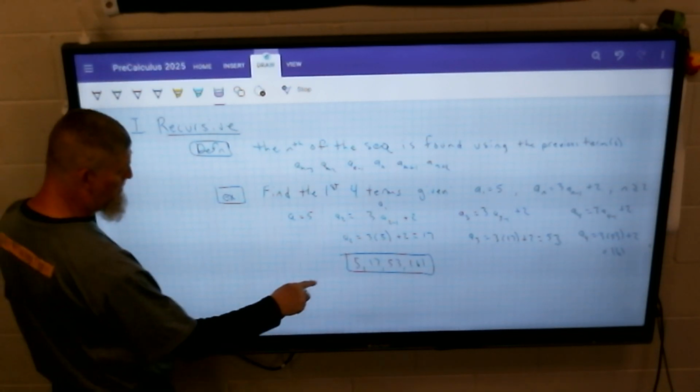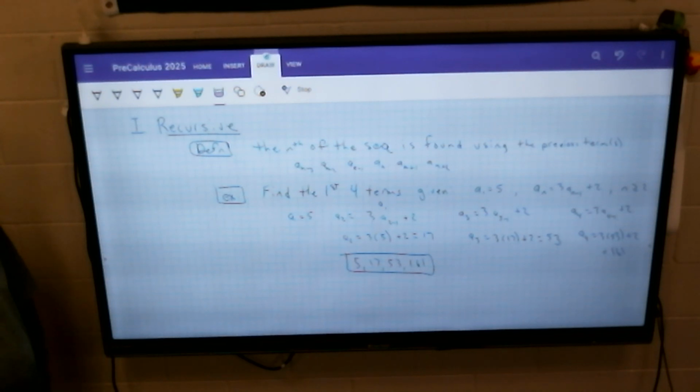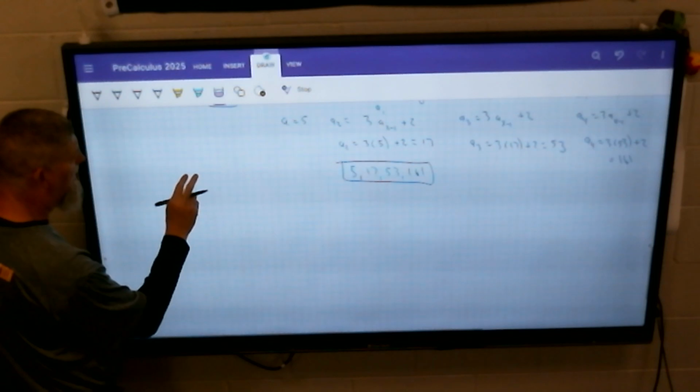This is up by 12, this is up by 34. It's not going to be geometric because you're not multiplying by 2, multiplying by 3. So it's recursive. You can look for a pattern, but it depends on the function.